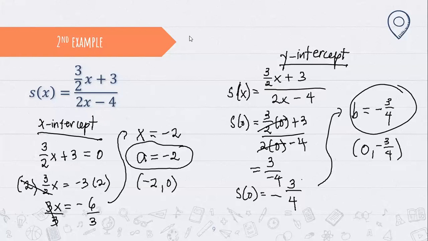Tama ba, x-intercept? Yes po. Bakit, sige, bakit Fem? Hindi ko po siya na multiply by 2. Okay. So, actually, pwede naman diretso agad na times 2/3 both sides. Pareho lang yun siya.